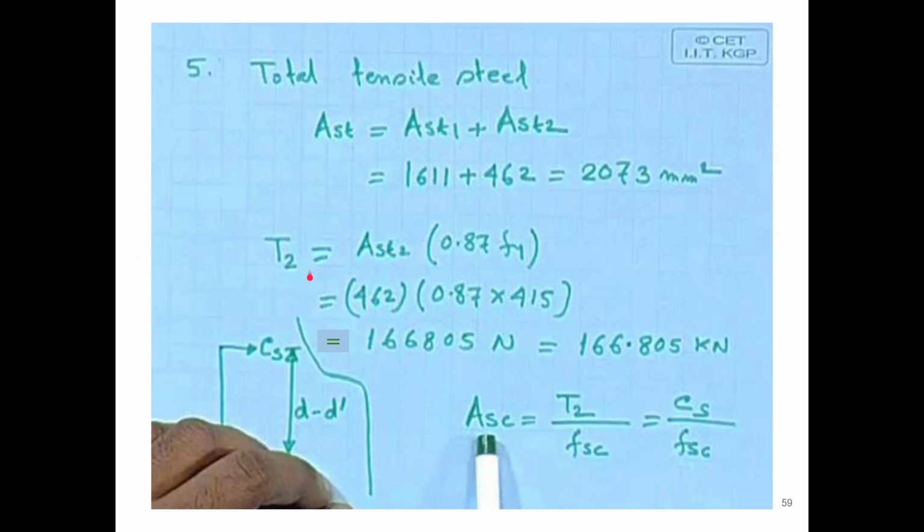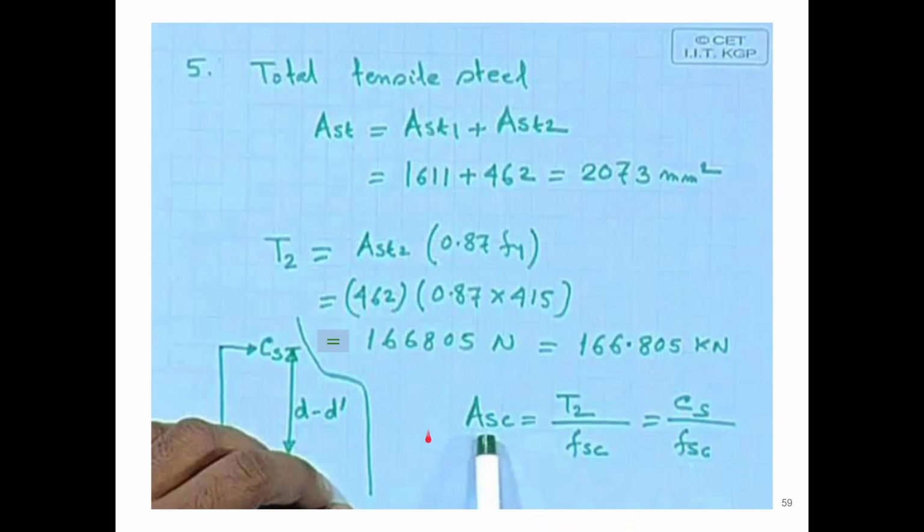Therefore the T2 value, the tension force due to the additional steel, will be equal to AST2 into 0.87 into Fy, which is 462 into 0.87 into 415, so that becomes 166.805 kilonewton.